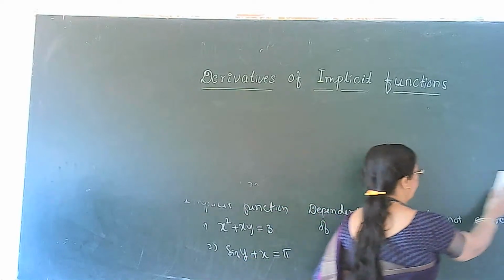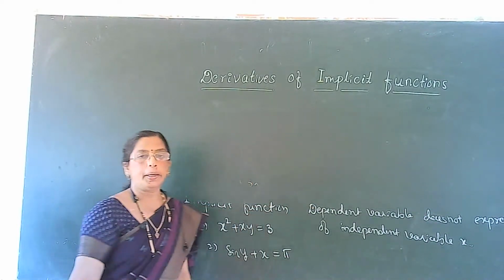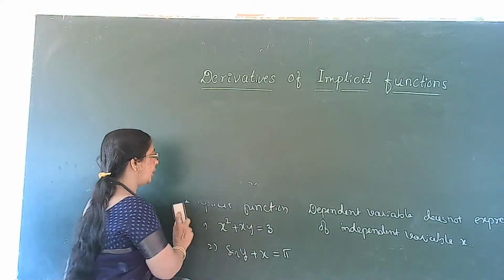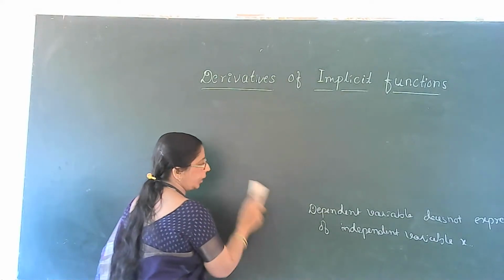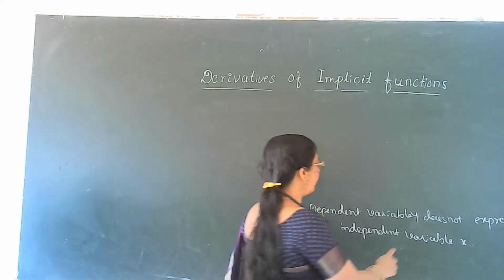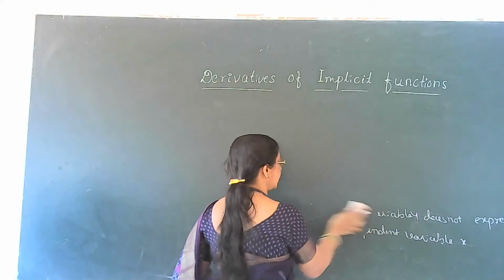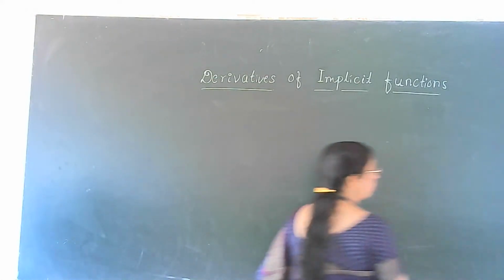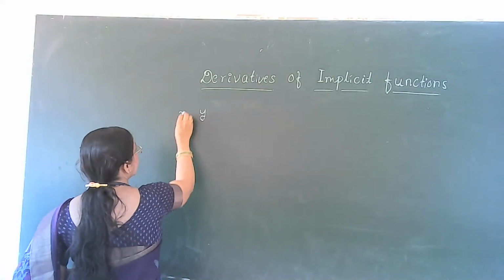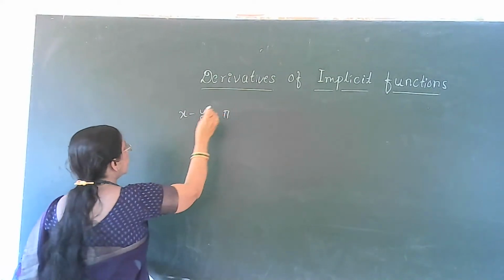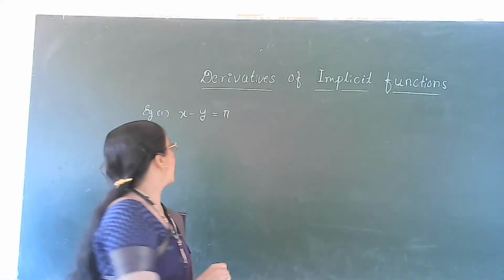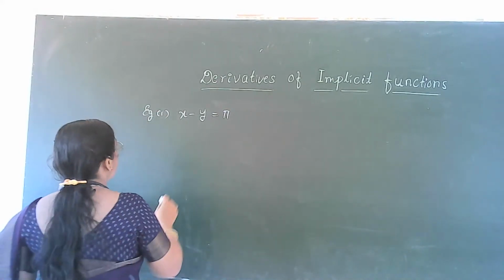An implicit function is a function where the dependent variable y does not express in terms of the independent variable x. Example 1: x minus y is equal to 5.